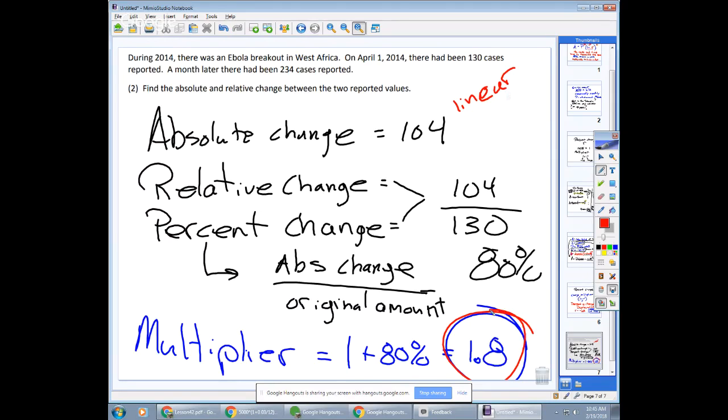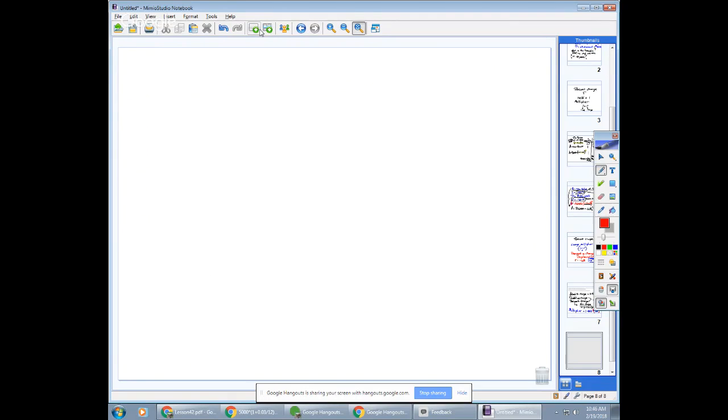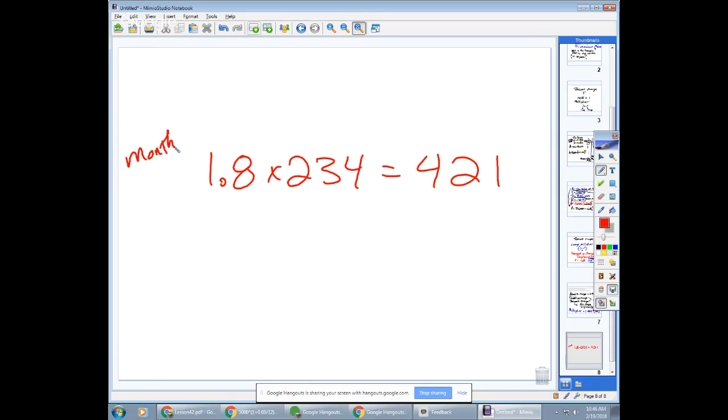So somebody with a calculator, what's 1.8 times 234? 421. We'll just call it 421 because we can't have 0.2 people. So this would be in month 3, if it's increasing exponentially.